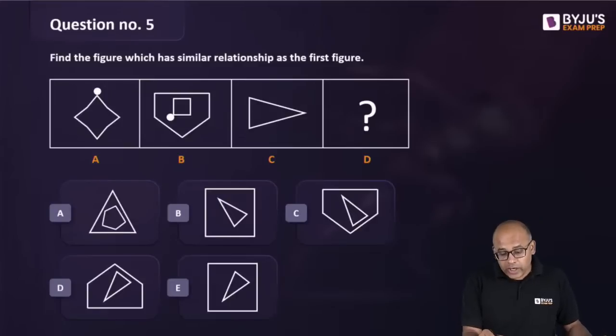So this is an analogy. These two are related somehow, and these two should be related in the same way.